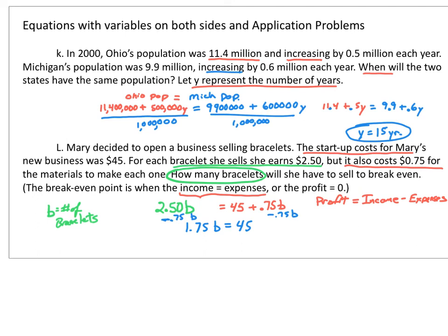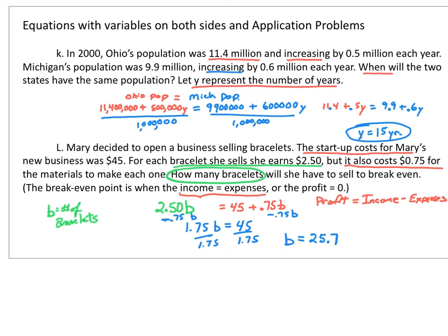Okay, so let's do that. 45 divided by 1.75. Okay, I hope I did this right. It doesn't come out to be a nice whole number. 45 divided by 1.75, I got 25.7, so I'm going to write that, realizing that she can't make exactly 25.7 bracelets.